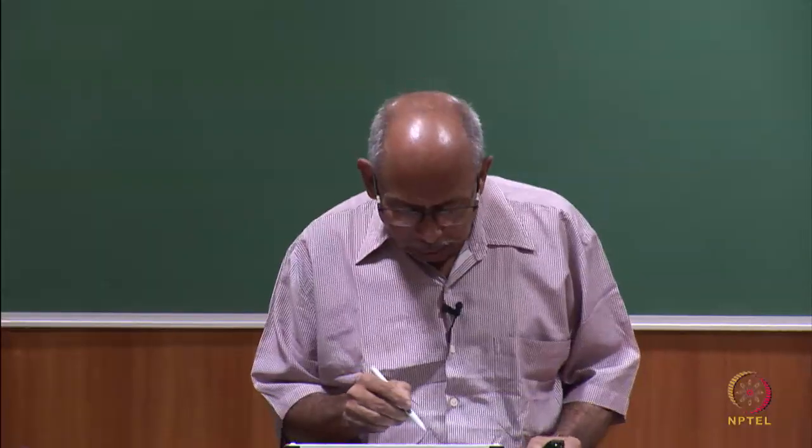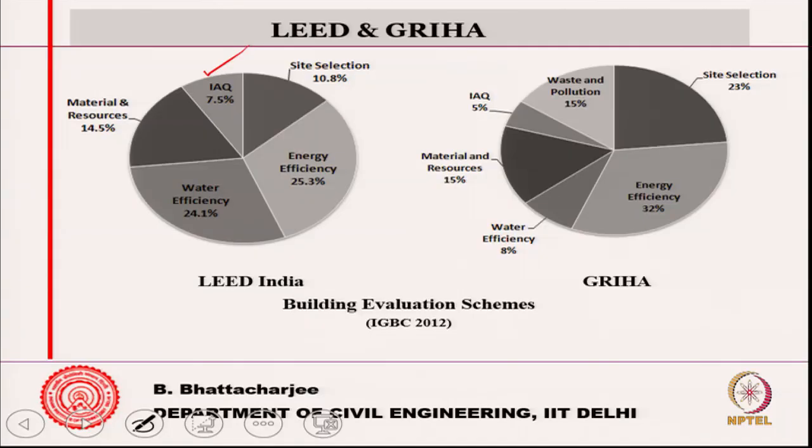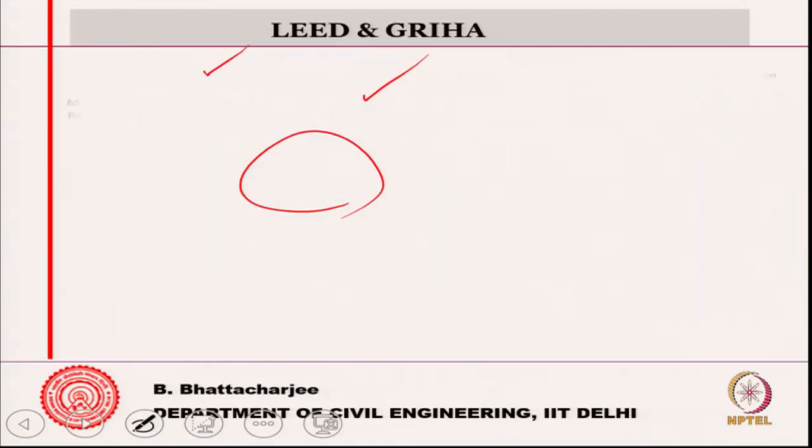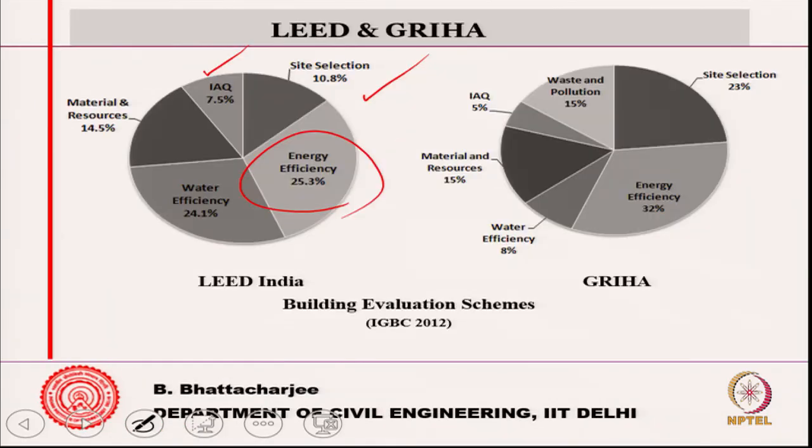So, indoor air quality in LEED has 7.5%, site selection 10.8%, energy efficiency 25.3%. This percentage is calculated from the total that you get, so when we work it out as a percentage, I get 25.3% for energy efficiency and so on.